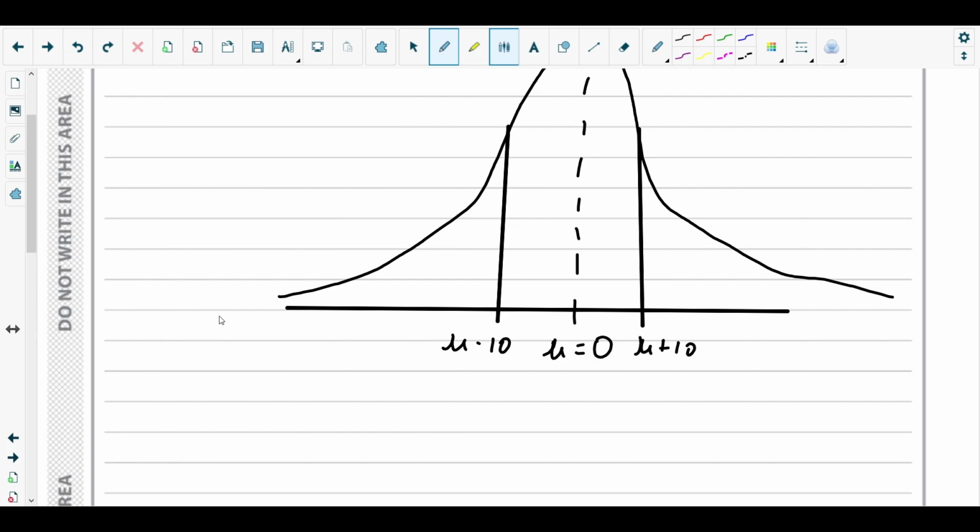Now this area, they said this area is 0.95. Okay, fine.